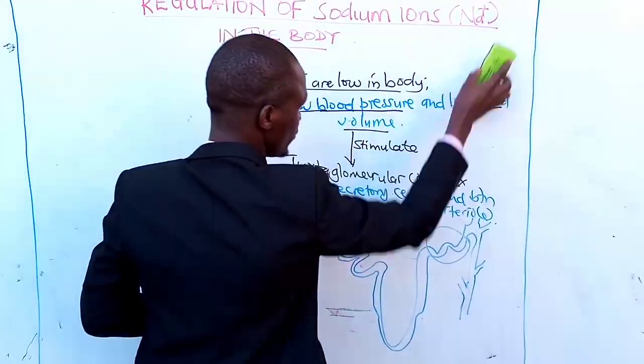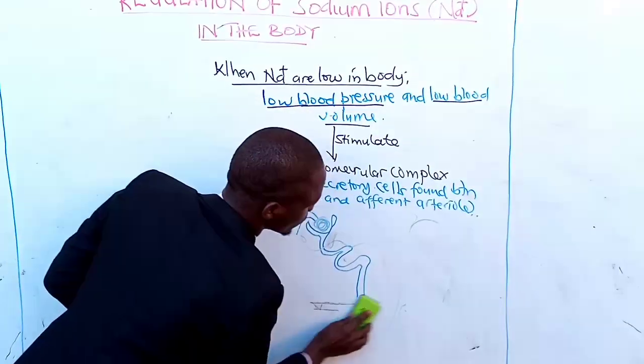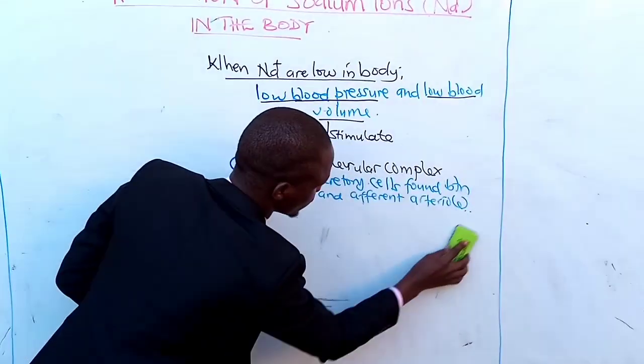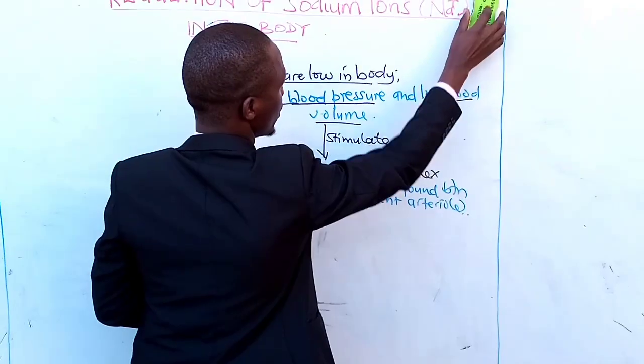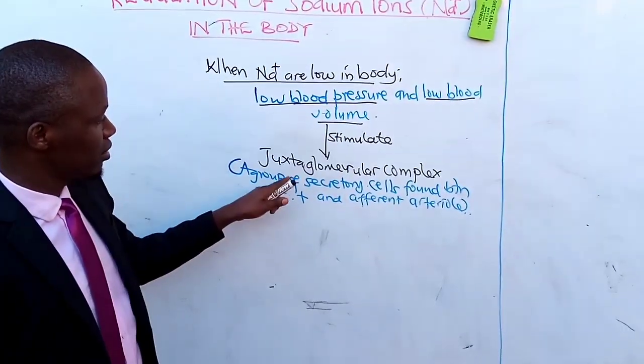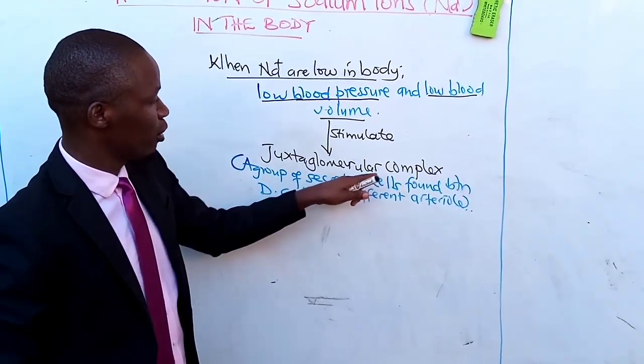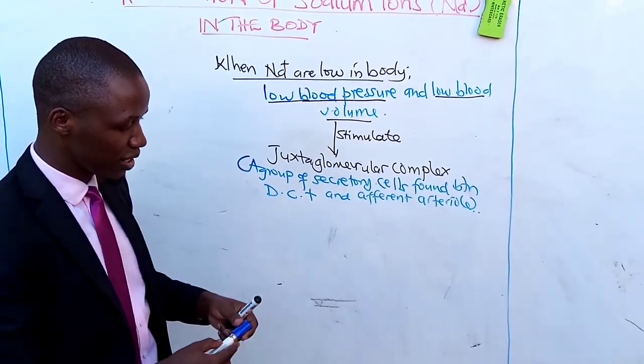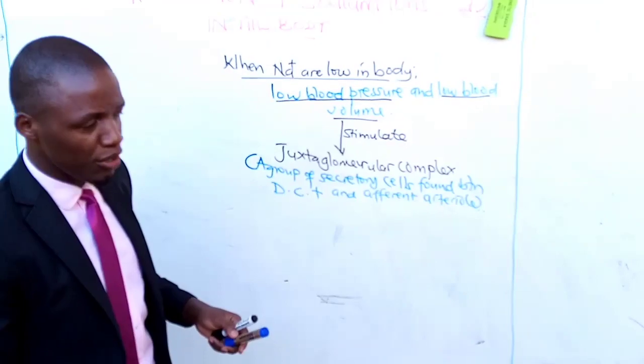So we are saying that the low blood pressure and low blood volume stimulate this complex, this group of secretory cells. And since they are secretory cells, it means they will end up secreting.